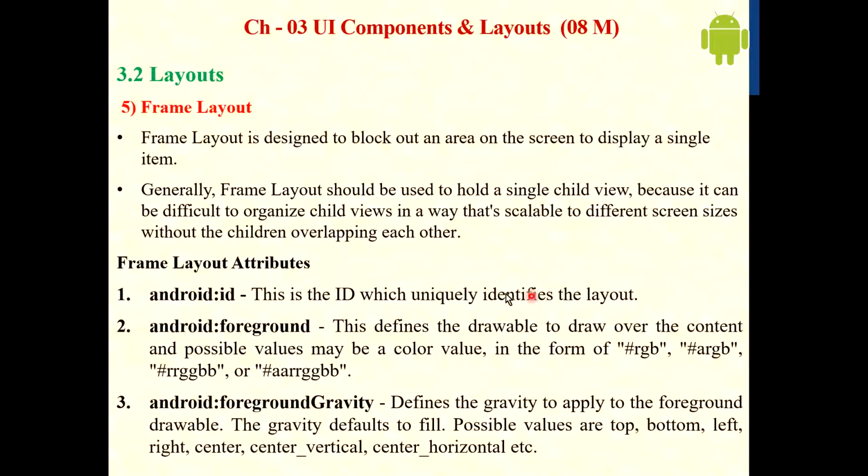Next we see the frame layout. Frame layout is designed to block out an area on the screen to display a single item. So the frame layout is used to display only a single item. Generally frame layout should be used to hold a single child view, because it can be difficult to organize child views in a way that's scalable to different screen sizes without the children overlapping each other.